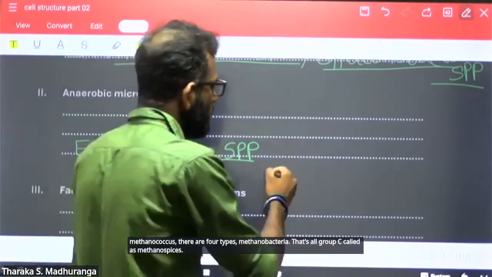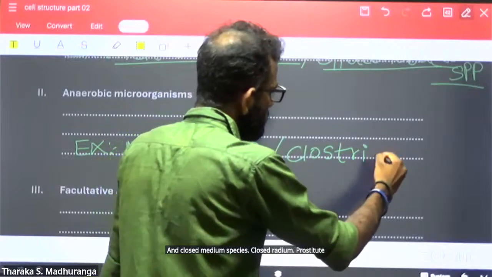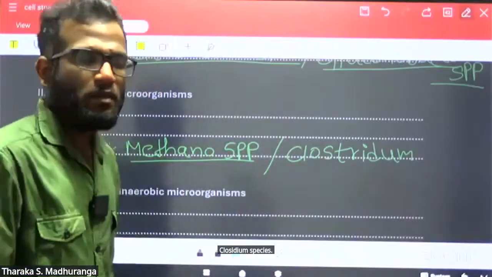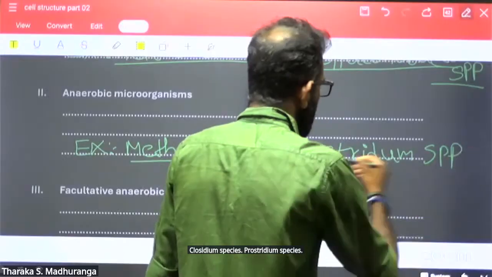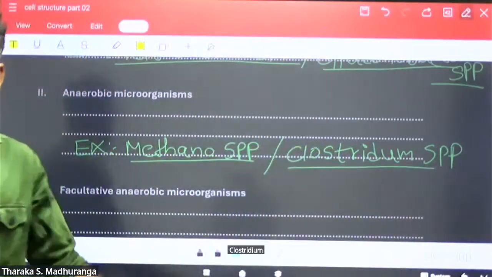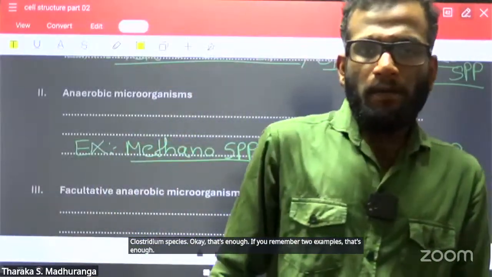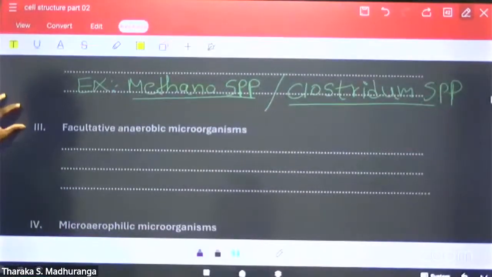And Clostridium species. Okay, that's enough. If you remember 2 examples, that's enough.